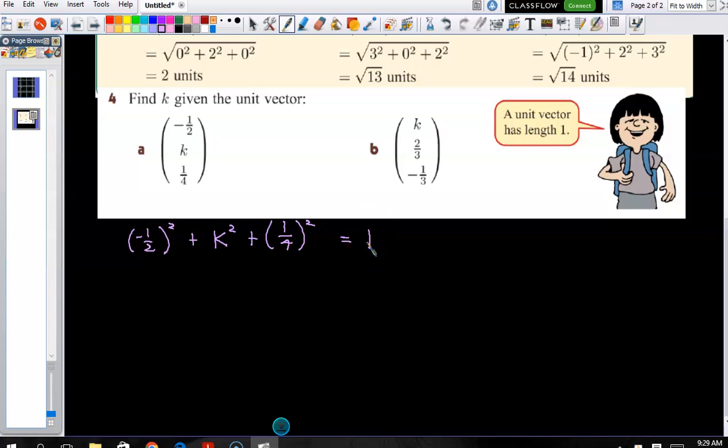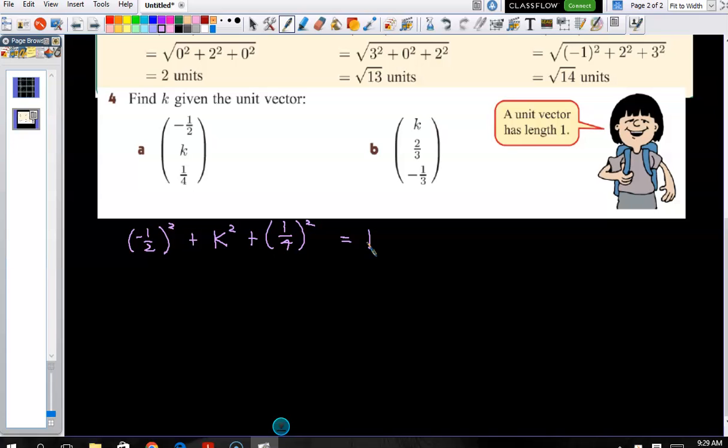I'm looking ahead. Instead of this being a unit vector, I could say it has length 4. So then blah, blah, equals 4 squared, 16. Yeah? So just be aware how you can change these things pretty quickly.